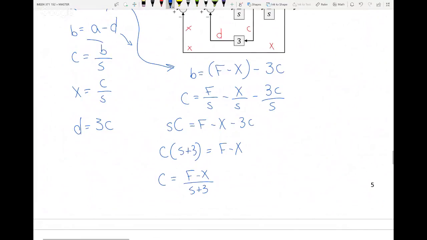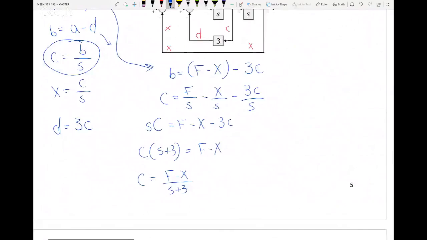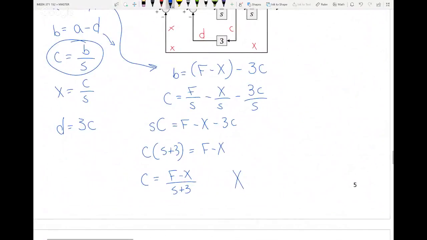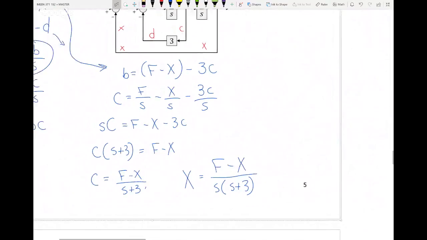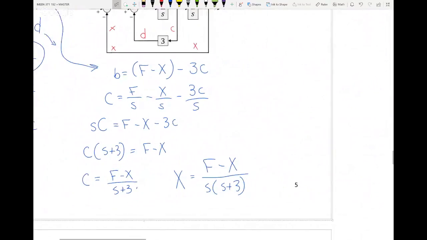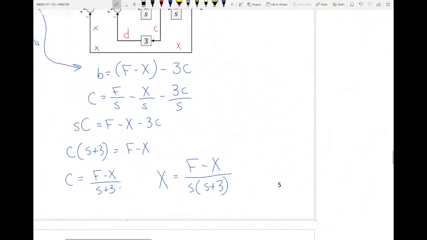Okay, that is my C, and now we come down to our X term, which is C divided by S. X equals C, which is all of this divided by S. So that will be F minus X over S plus 3.